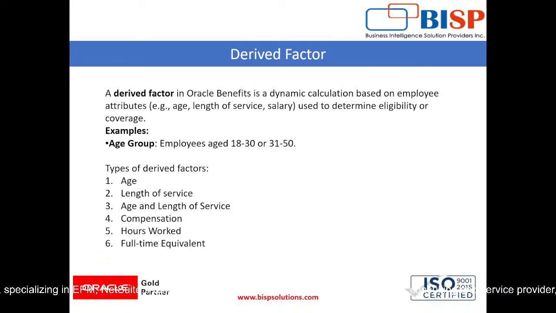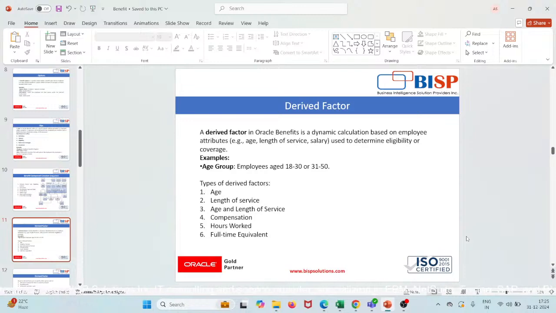Those people will only be eligible for that. So you can define that in a derived factor. So since we know why we are creating derived factors, what a derived factor is, and what the types of derived factors are, let's move ahead and create a derived factor now.